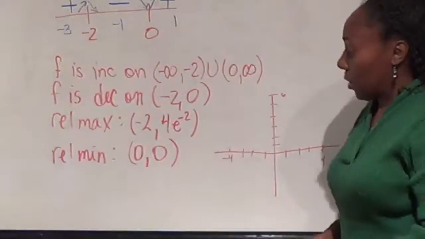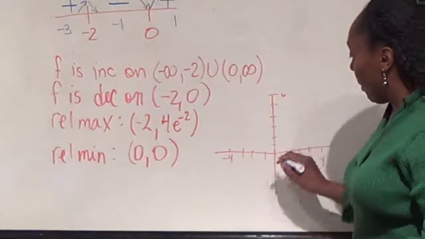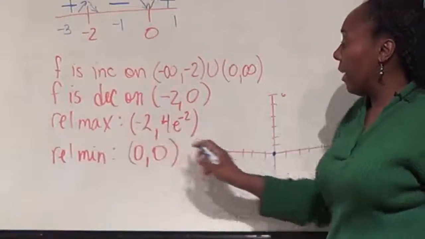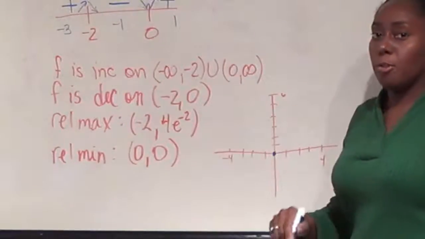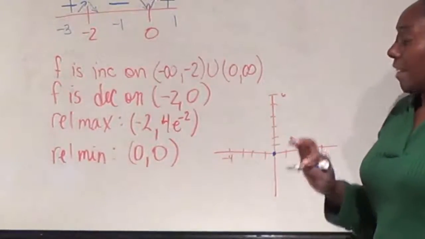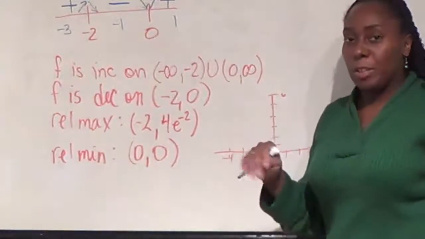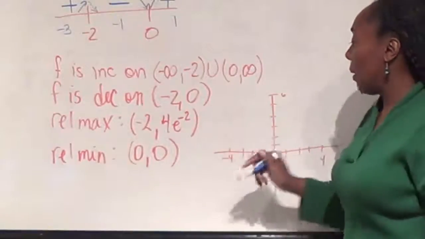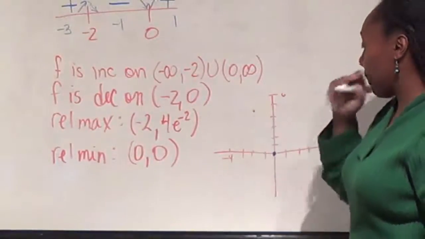So first, again, we're going to start with the extreme values. So we have a relative min at 0, 0. And here, at negative 2, we've got a relative max of 4e to the negative 2. E to the negative 2 is 1 over e squared, which is a really small number, multiplied by 4. So it's going to be up in here somewhere.